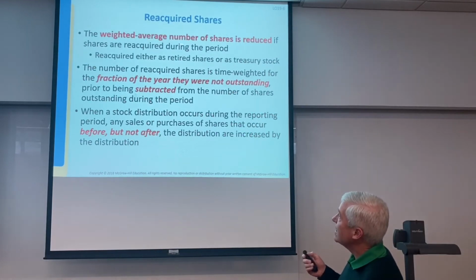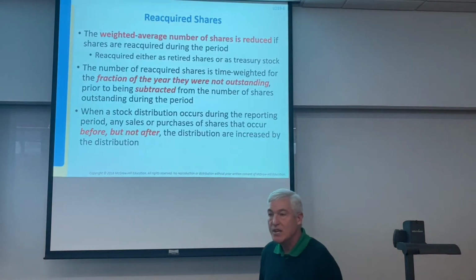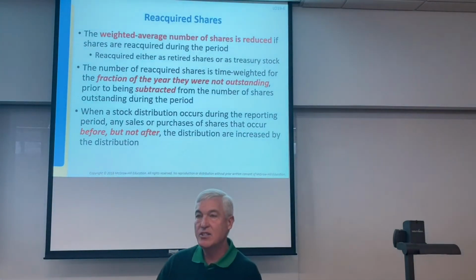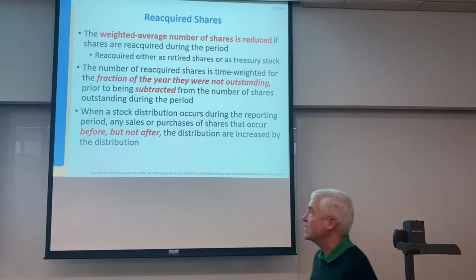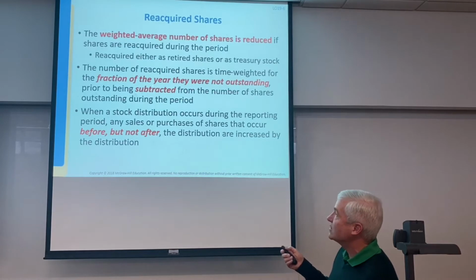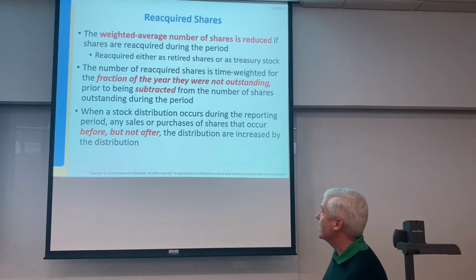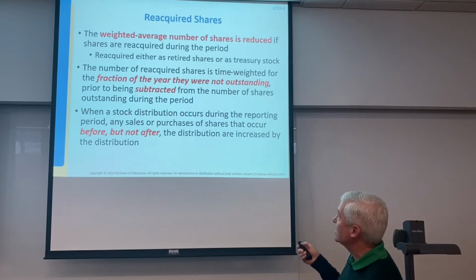And so the same thing happens with the shares that we repurchase. We have to take into account shares that we buy back, and that's going to reduce the weighted average. And so we're going to look at the fraction of the year they were outstanding, and they're going to be subtracted. And so now back to a stock distribution.